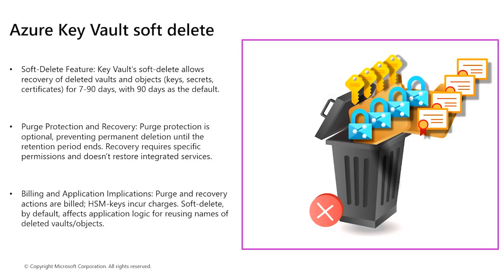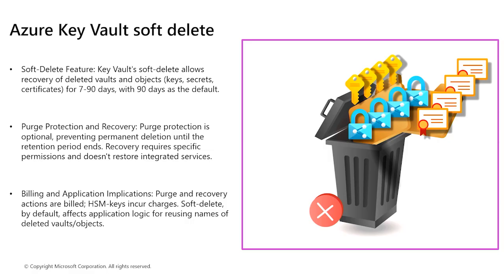Azure Key Vault's soft delete feature allows for the recovery of deleted vaults and Key Vault objects, such as keys, secrets, and certificates. When an object is deleted, it remains recoverable for a configurable period from 7 to 90 days, with 90 days being the default. This feature provides a safety net against accidental or malicious deletion.